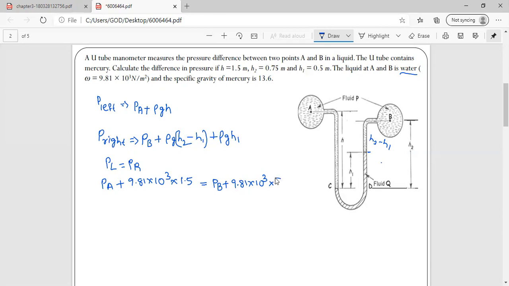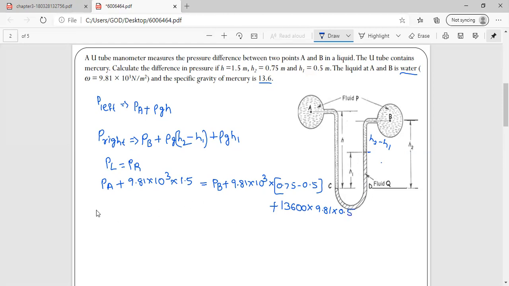H2 is 0.75 minus H1 is 0.5. And one more term is there, plus rho g into H1, for the manometric fluid. The specific gravity of the manometric fluid is 13.6, so it is 13,600 into 9.81 into the height of the manometric fluid, which is 0.5.